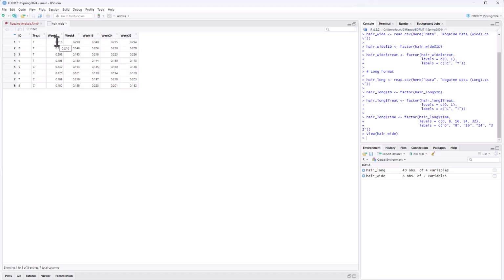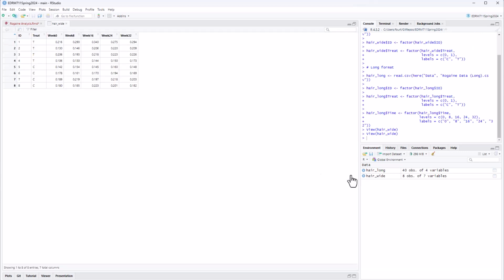And so everyone gets week 0, everyone gets week 8, 16, 24, and 32, which is why that's a within subject variable. So treatment, you're only in one level of treatment here, 4 women in one, 4 in the other, and they're independent of each other. That's a between subjects factor, but week is a within subjects factor because everyone is going to be measured every single week.